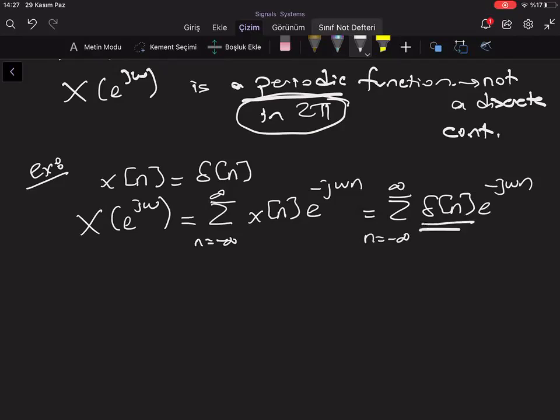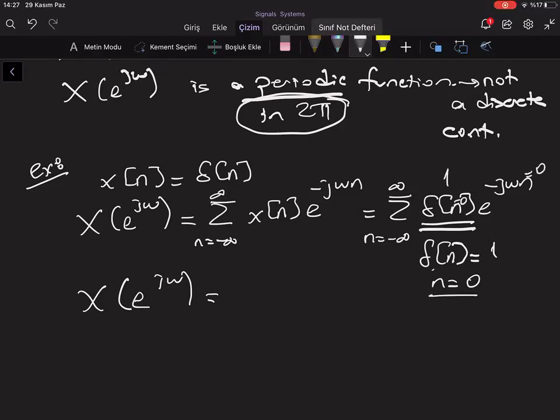If you think about this, delta n is equal to 1 when n is equal to 0. That means X(e^jω) is going to be equal to, only for n equals 0, this will be 1, okay? This is 0, this is 0, e to the power 0 is 1. So then I'm going to write 1 as my spectrum, and then I will draw my spectrum like this, okay?